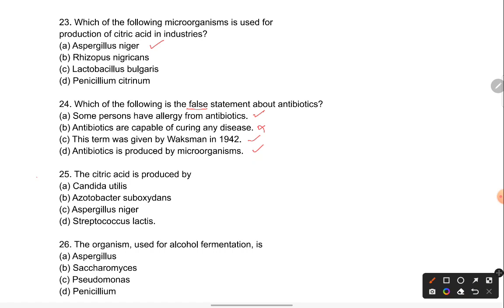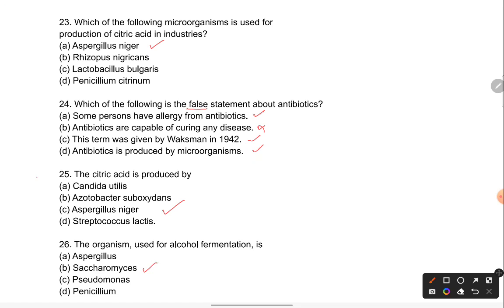Okay. Then question number 25. Citric acid is produced by which microorganism? You know the answer. The microorganism is Aspergillus niger. Okay. Now see the 26th question. The organism used for alcohol fermentation, ethanol production. Which microorganism?